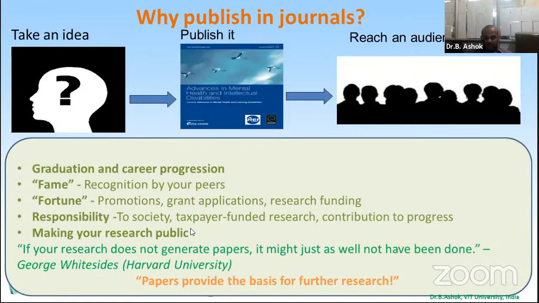So first of all, why do we need to publish in a journal? What is the reason behind it? Of course, as I have already told you: graduation requirements, recognition by your peers, promotions, or further grant applications, international contacts, or improving your profile. Because of that profile, you may get better industrial support or connectivity, better collaboration, and make your research public.